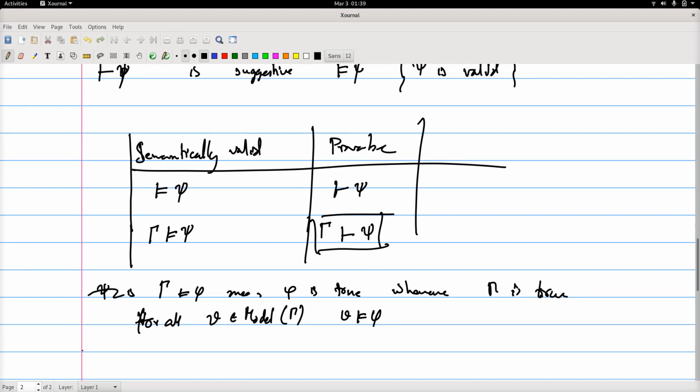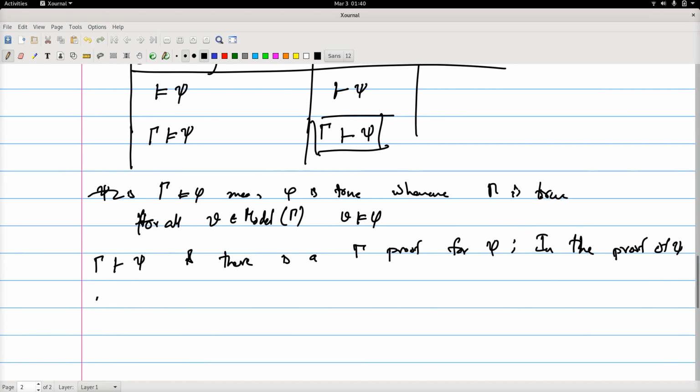Here we say that there is a proof for C, which means that in the proof of C you can use the set gamma as axioms.